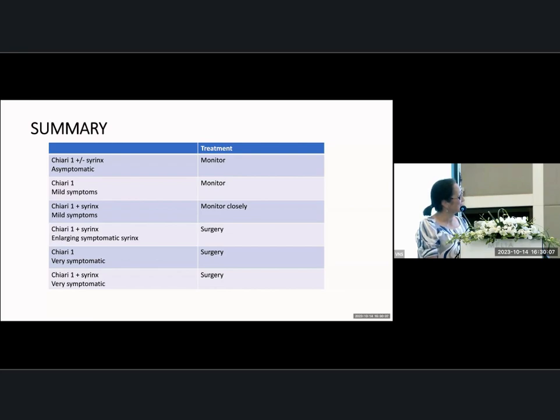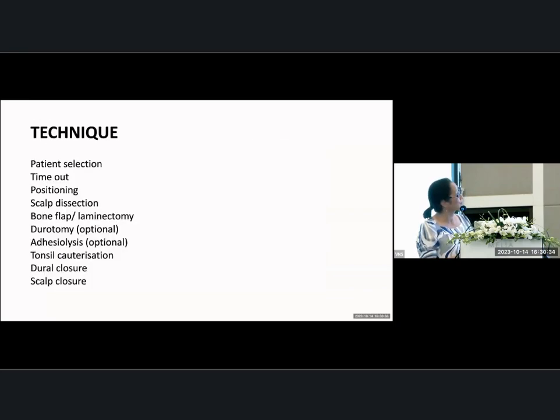If they've got an enlarging, particularly symptomatic syrinx, then they have surgery. If they've got a Chiari and they don't have a syrinx, but they've got significant symptoms and they are tight in the foramen magnum, I do surgery. And I've noticed you actually get quite good results with that. And patients, obviously, who are very symptomatic of the syrinx get surgery as well.